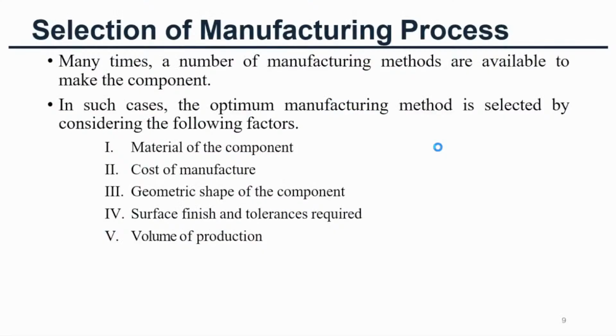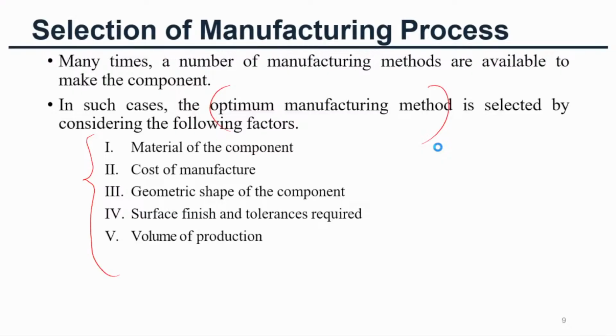So selection of manufacturing process. Here you can see some different important factors. Okay, so according to these factors, we need to select the optimum manufacturing method.